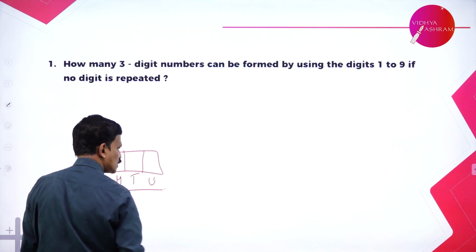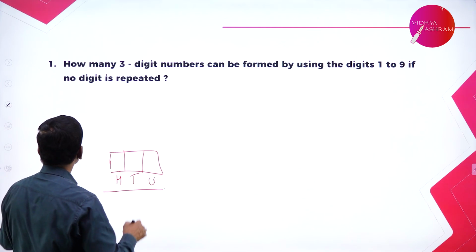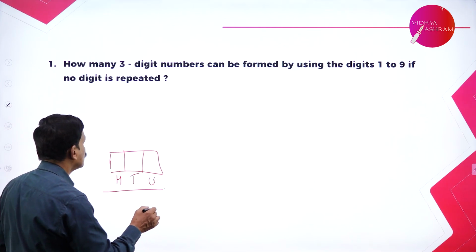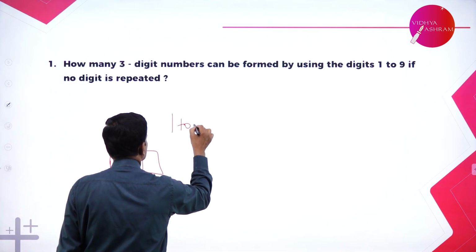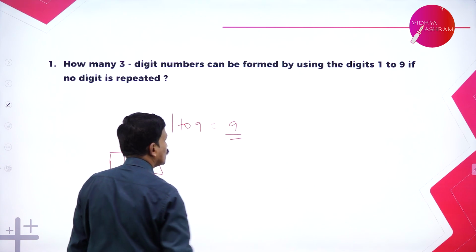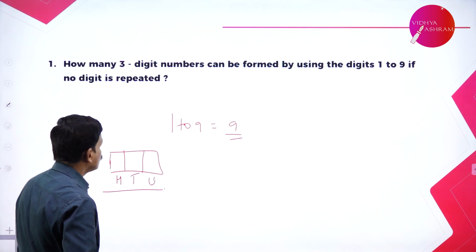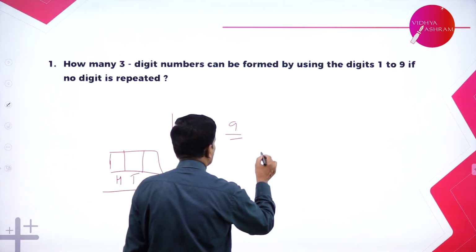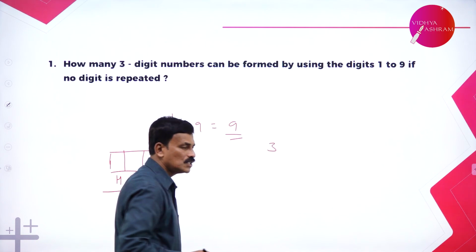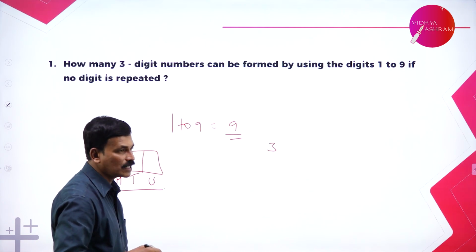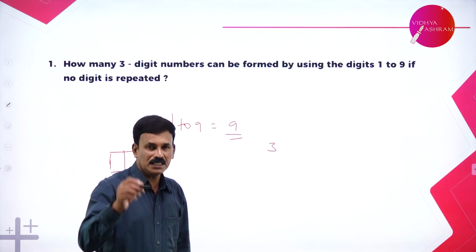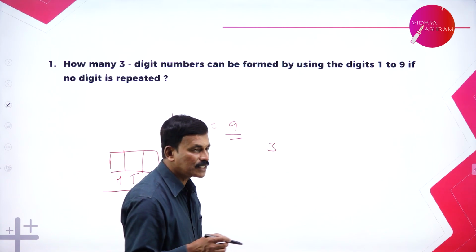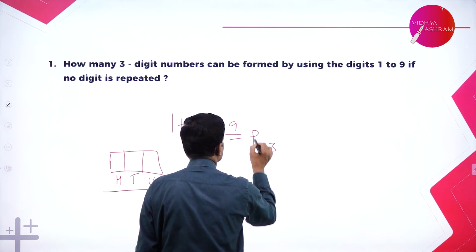So here, how many digits are there? 1 to 9. There are 9 digits. From this we are going to select 3. So that means this is nothing but the permutation of the selection of 9 different things taken 3 at a time, that is called 9P3.